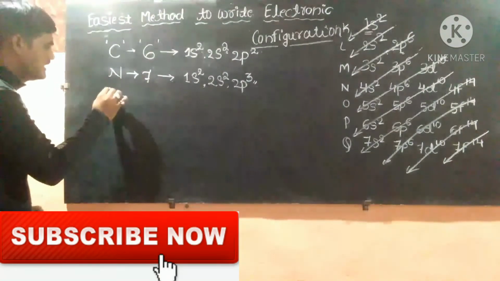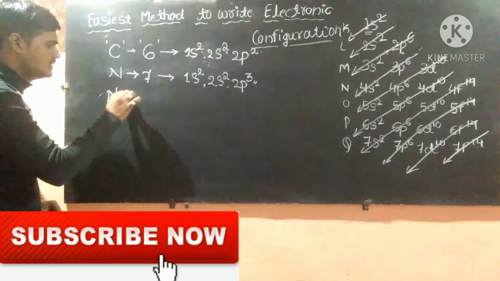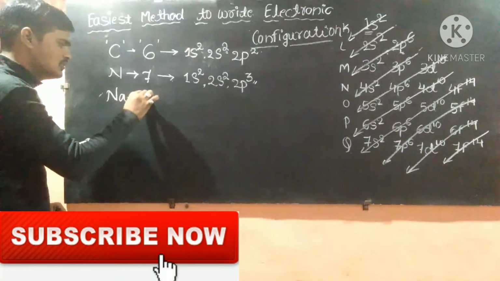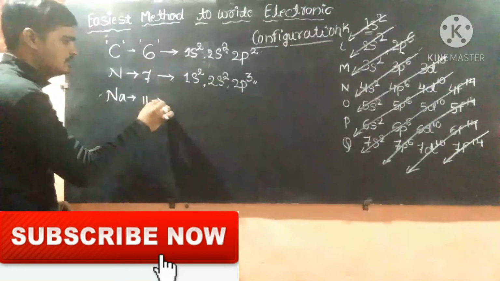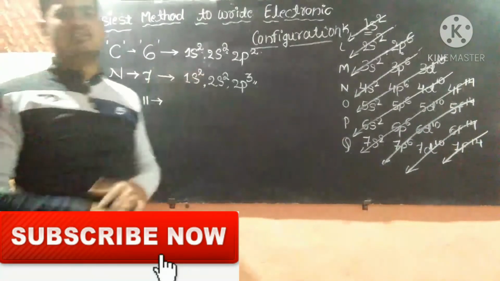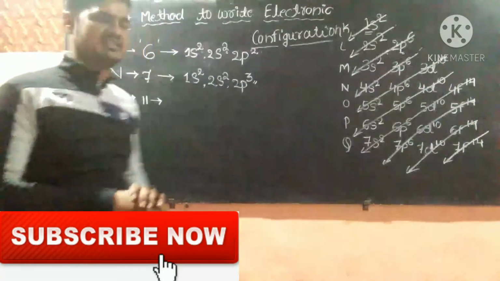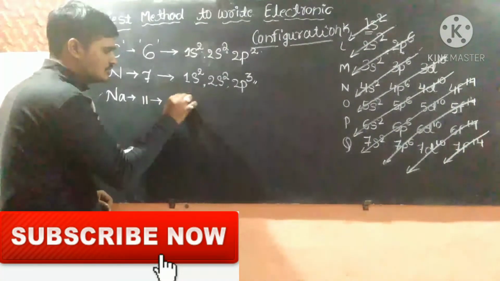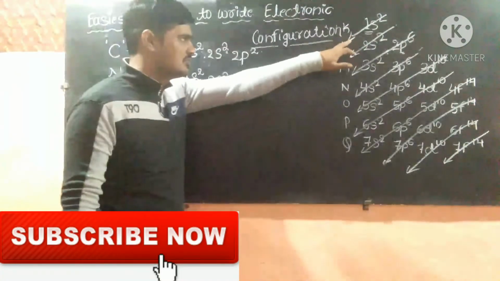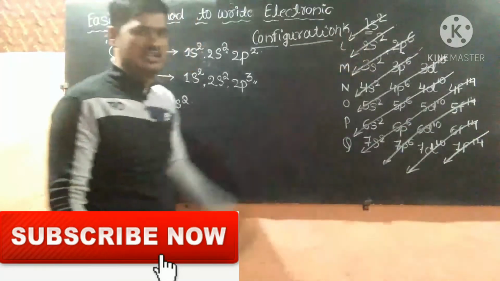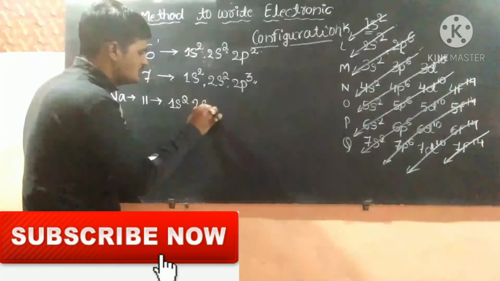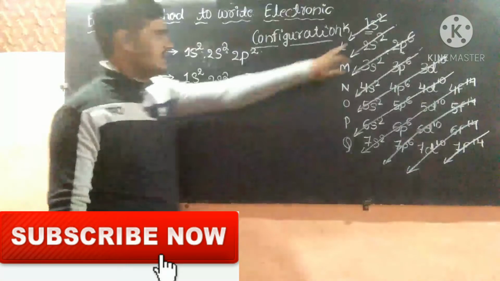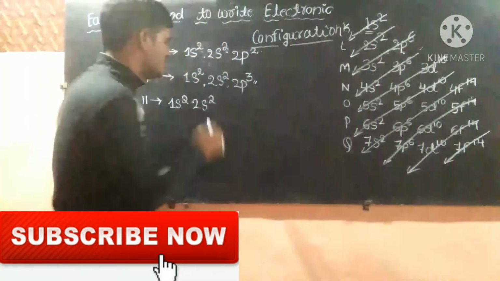Let me take another example, sodium, and the atomic number of sodium is 11. Again, by using this chart we have to solve this electronic configuration. Firstly the arrow mark is on 1s2. After that the arrow mark comes to an end, so we go to the next, 2s2. Next the arrow mark goes to 2p6.